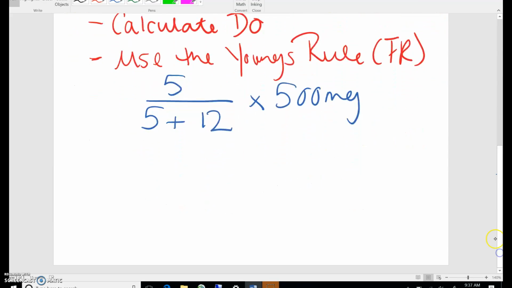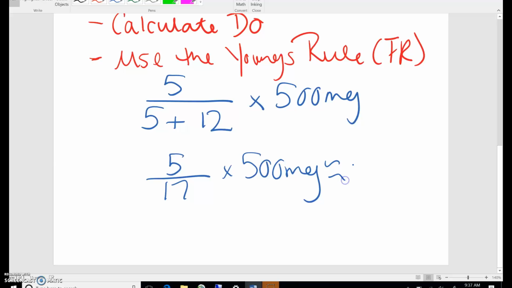Well, I solve it step by step. Well, 5 plus 12 is what? 17. Multiply that by 500 milligrams. So if you take 5 over 17 multiplied by 500 milligrams, what is your answer?